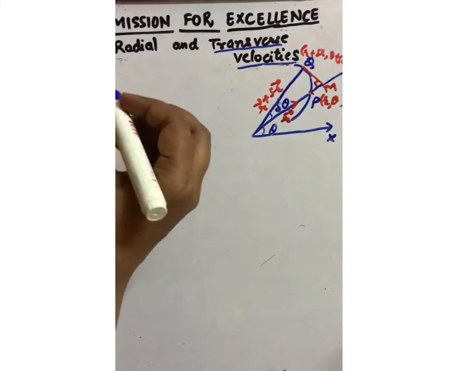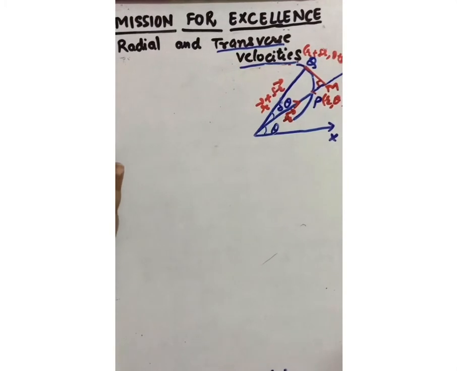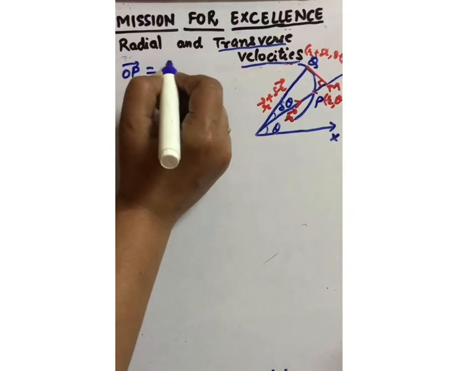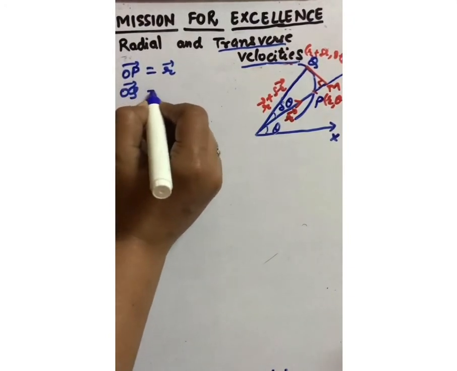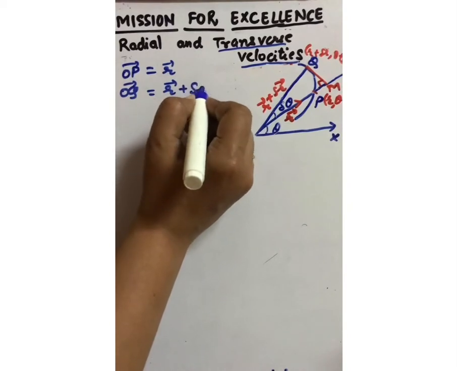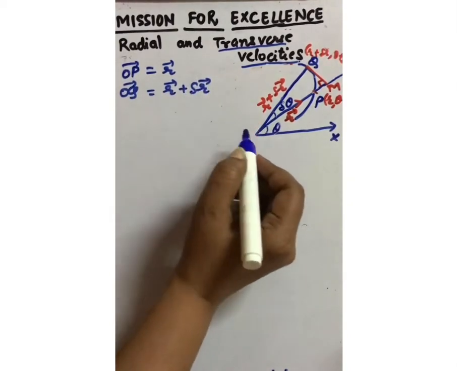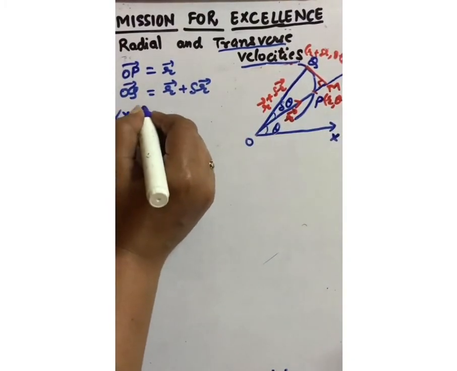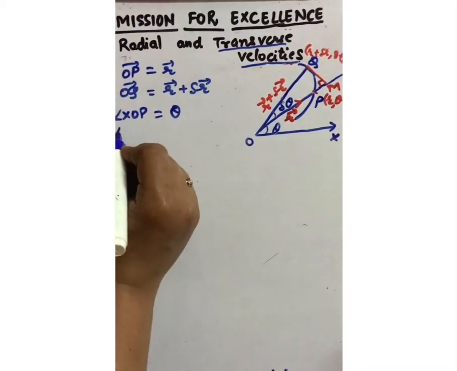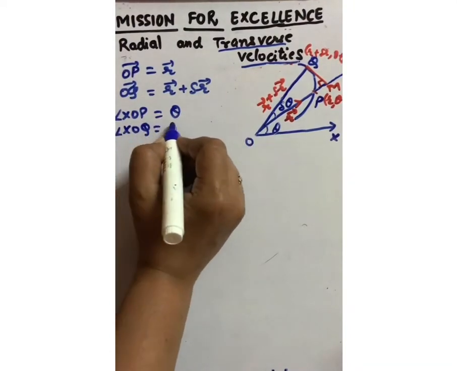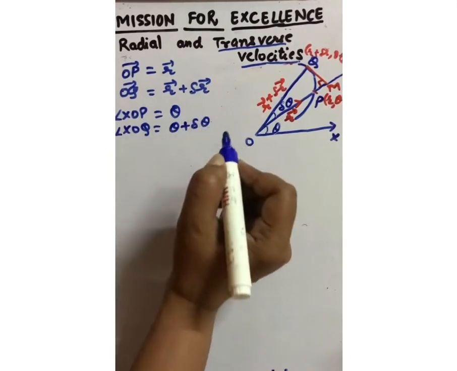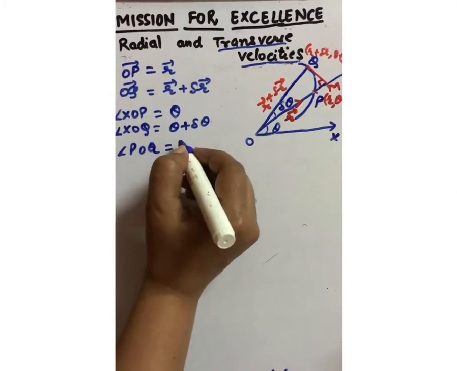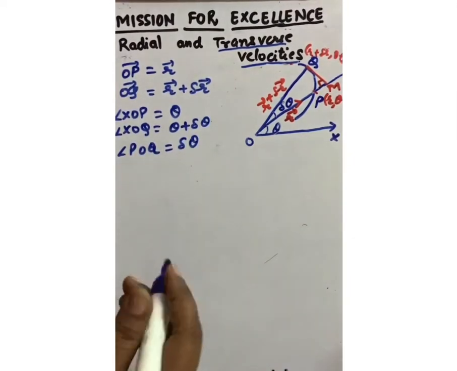So now we are writing all the terms. Let OP be r, OQ be r plus delta r after some time, and angle XOP is taken as theta, and angle XOQ is theta plus delta theta, so that we can get angle POQ as delta theta, that is the change in angle.